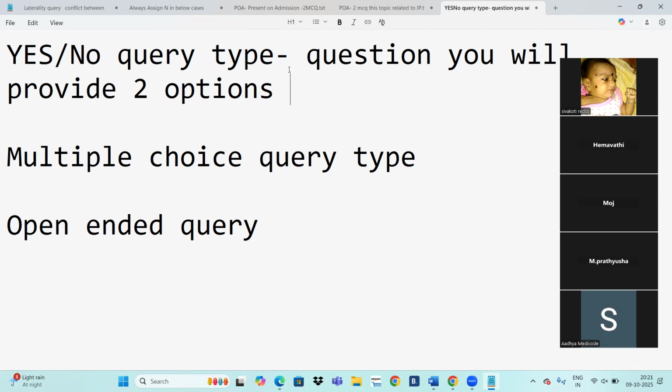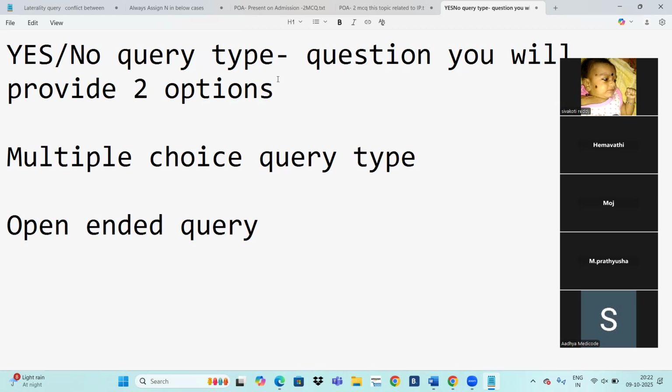That's why you just give two options. The patient has adenocarcinoma; please tell me, yes or no. Yes means the patient has the diagnosis. No means not. That's it. Clear? We just need to check two options. It should be a yes or no query.